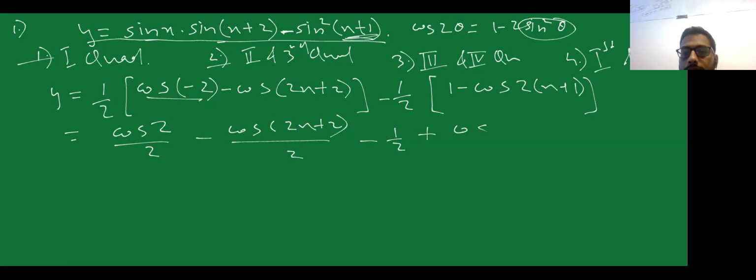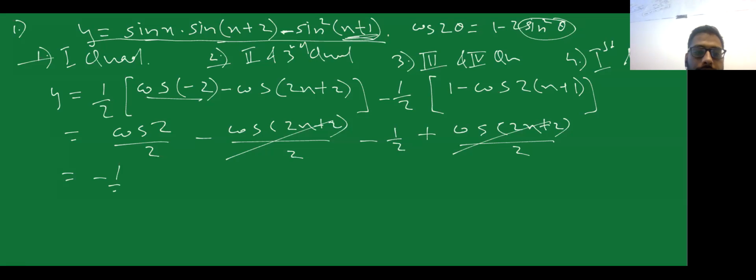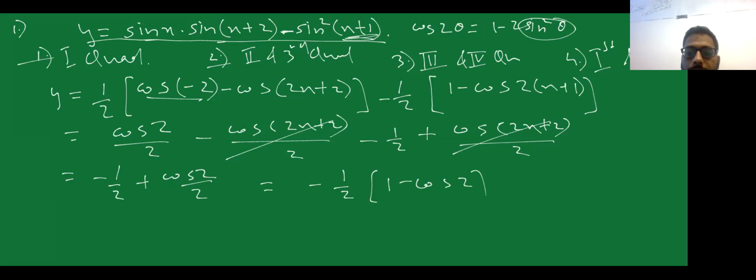Multiplying by 2 inside the bracket, this and this cancel out. So here I have minus half plus cos of 2 upon 2. Taking minus half common, I am left with 1 minus cos of 2.